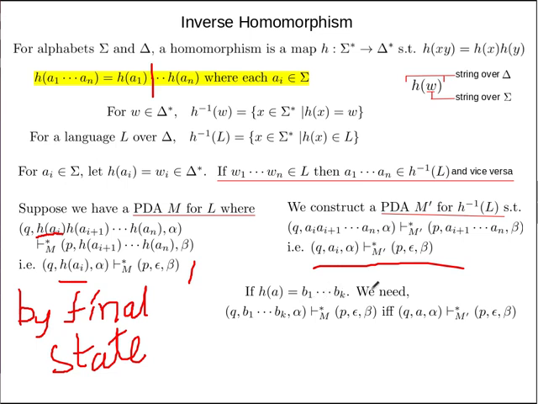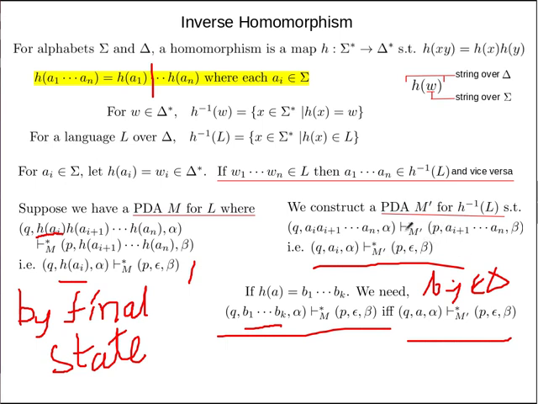All these BJs here are coming from this delta. So it's a symbol in delta. So we have a string here over delta, and starting from state q, it processes all these symbols here, and it reaches p and stack beta. So this should happen if and only if this happens, okay, in m prime that we are supposed to construct.